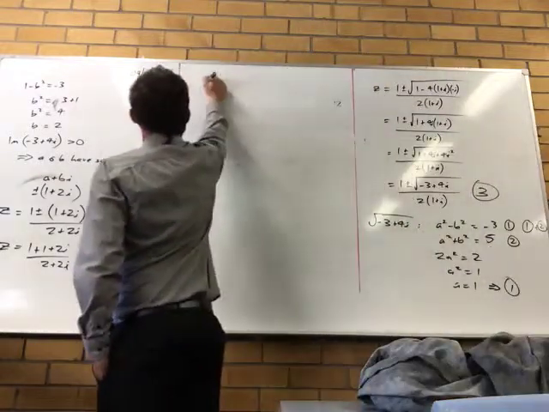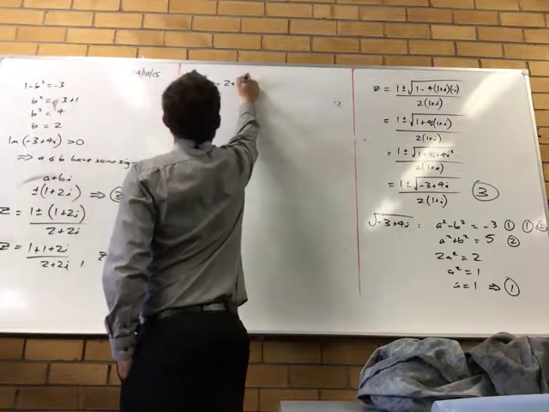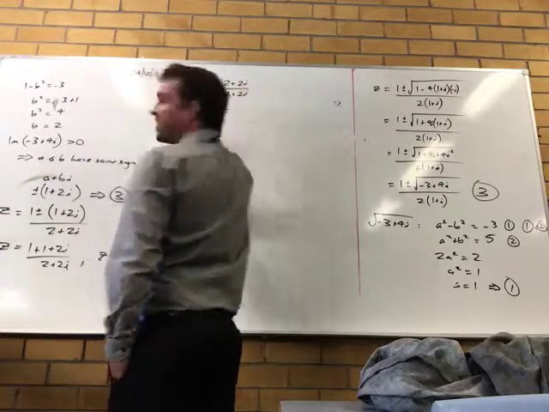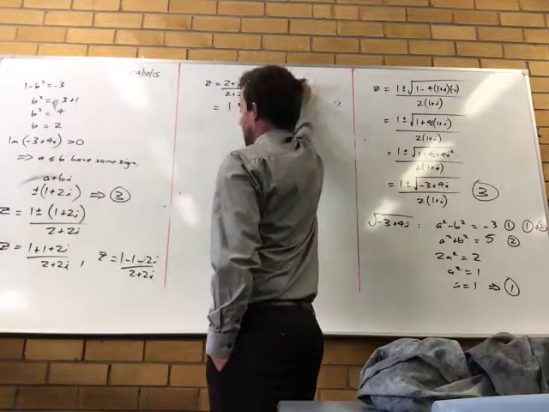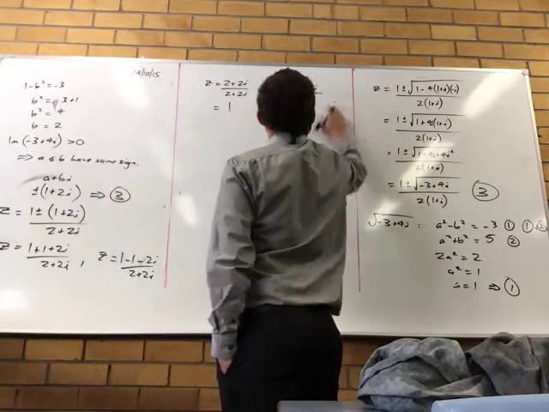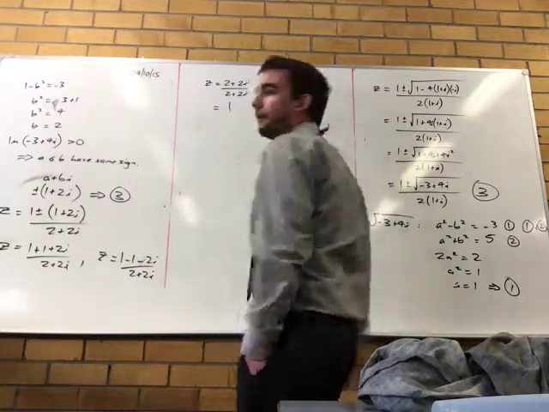Okay, so z is going to be 2 plus 2i over 2 plus 2i, which is 1. And z is going to be negative 2i over 2 plus 2i.